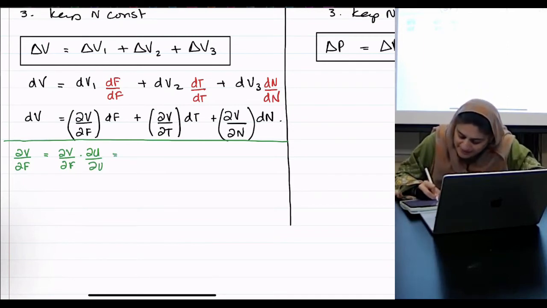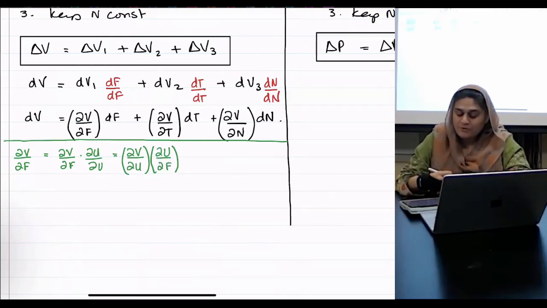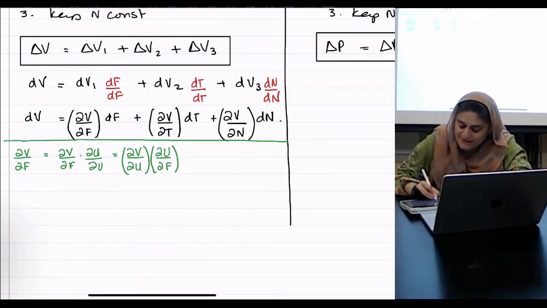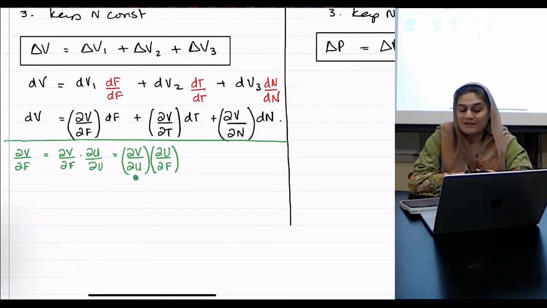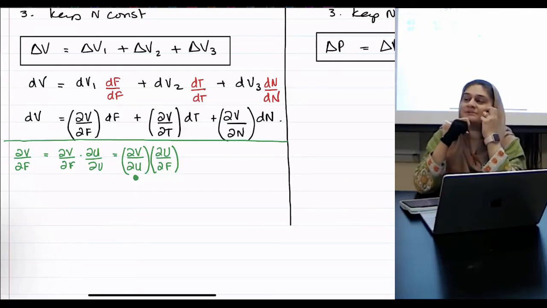Which then may I rewrite as partial V over partial U by rearranging partial U over partial F? So we did this equation last time. Can you guys look up this equation from last time, between 1A, 1B, 1C, 2s, and 3s? It could be flipped though. The U's and the V's could be inverted.